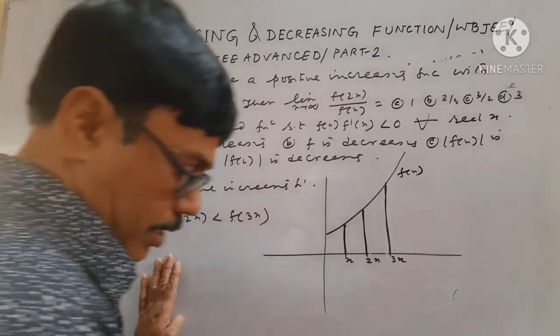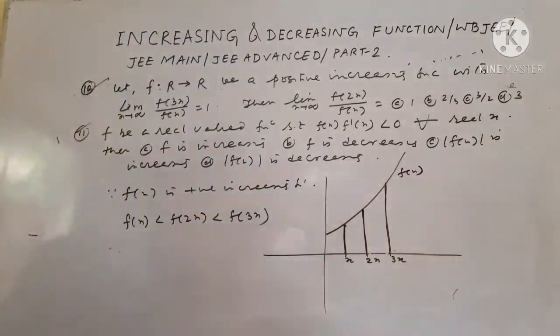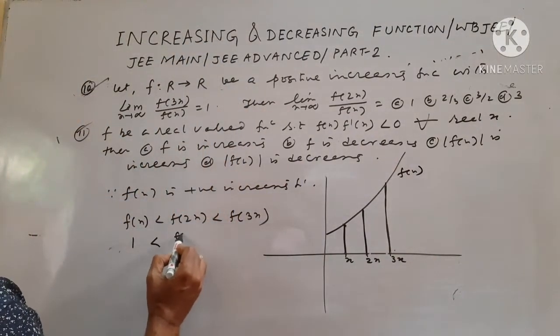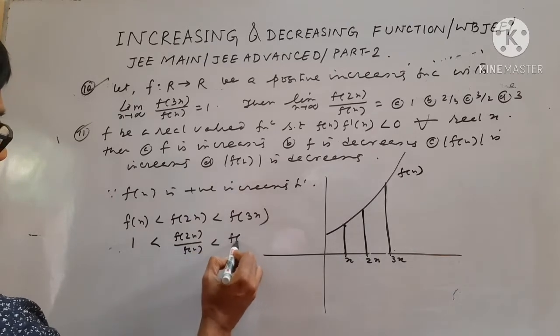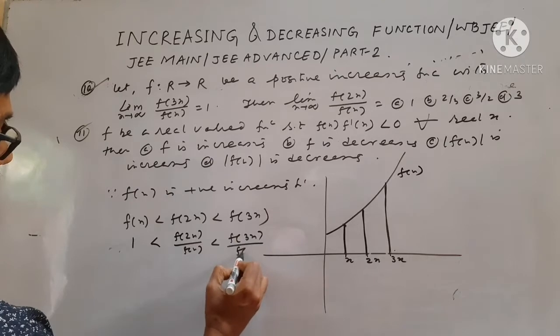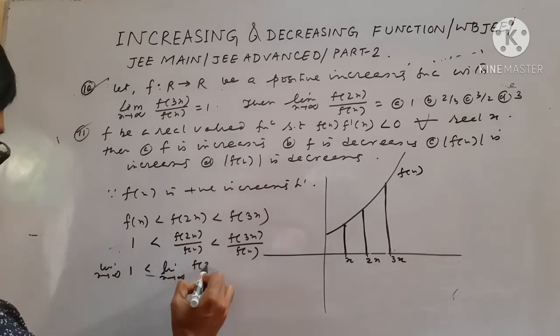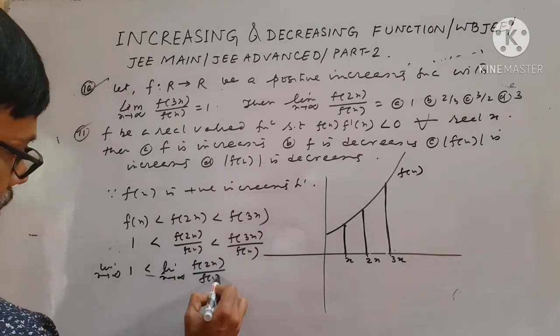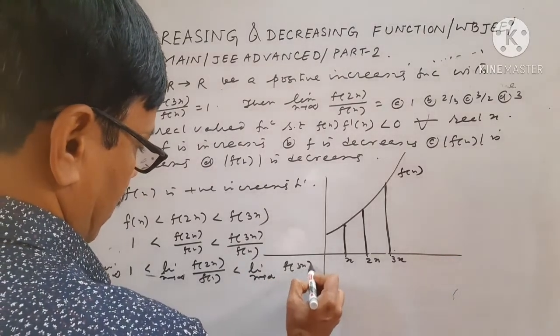Or we can write one less than f2x by fx less than f3x by fx. So limit x tends to infinity 1 less than limit x tends to infinity f2x by fx less than limit x tends to infinity f3x by fx.